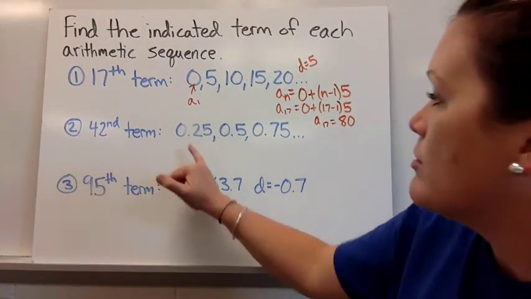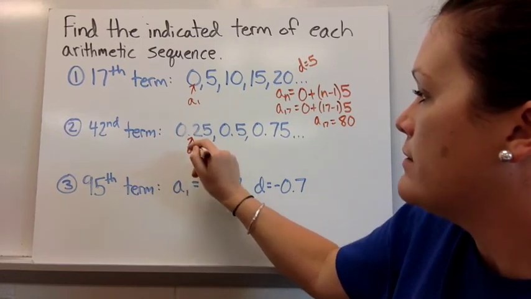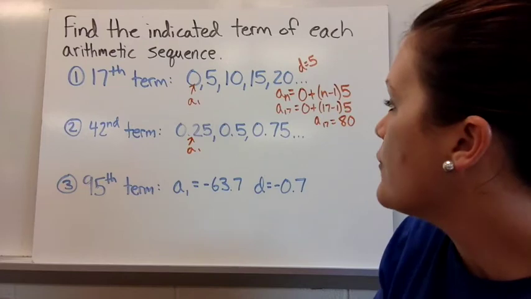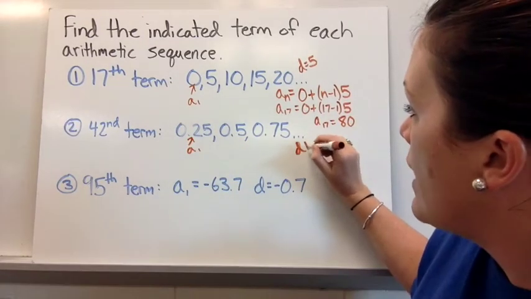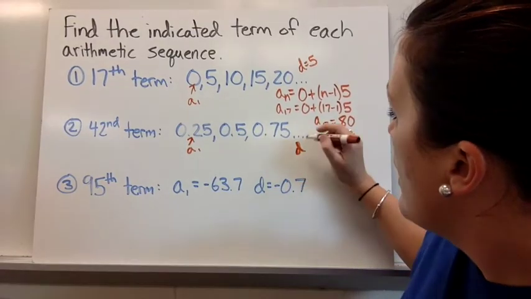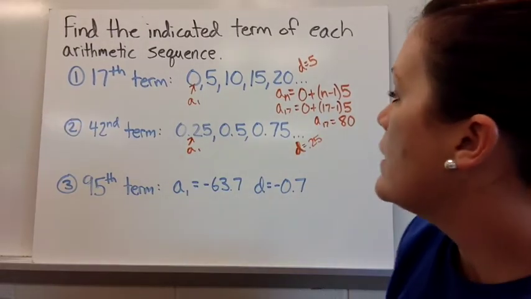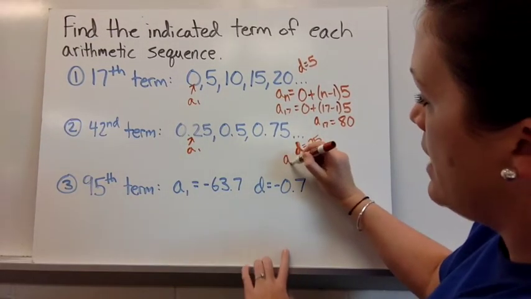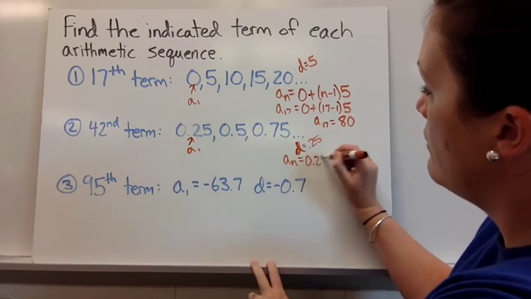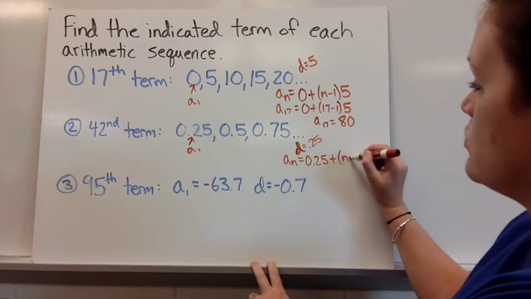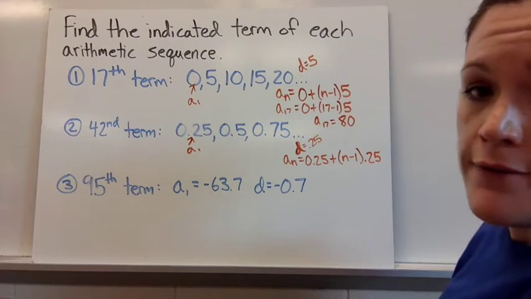The 42nd term of this sequence, so we know that's the first term. That's very easy to spot. And then the common difference is that it is increasing by 0.25. You don't have to write a positive sign. Let's just make it a positive number. Okay. So our explicit formula would be a sub n is our first term, 0.25, plus n minus 1 times the common difference, which in this case is also 0.25.